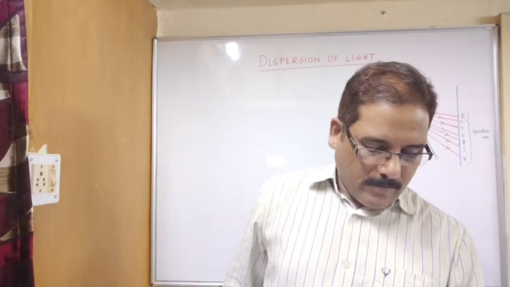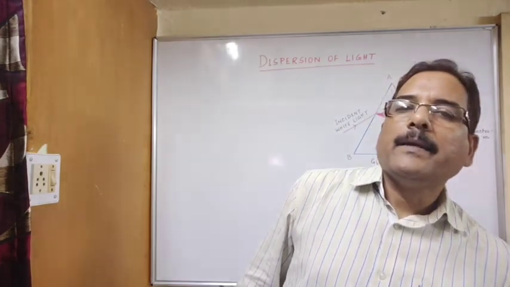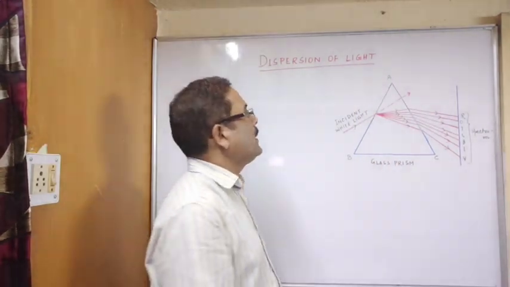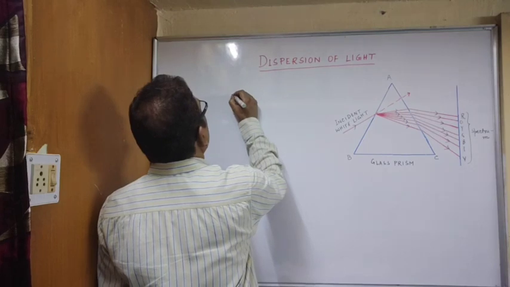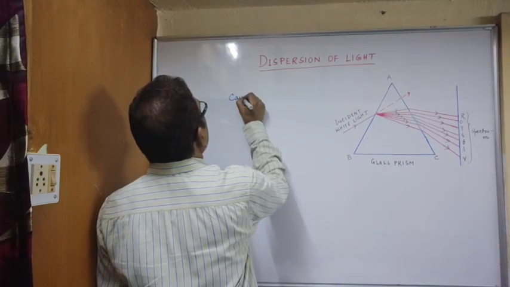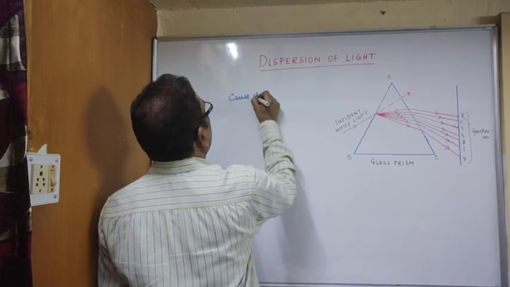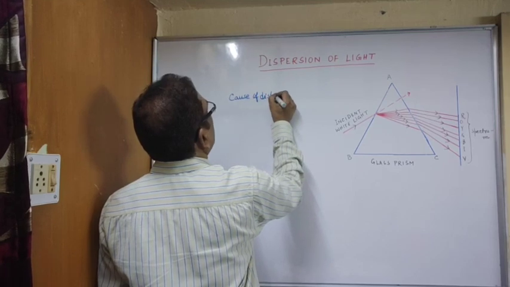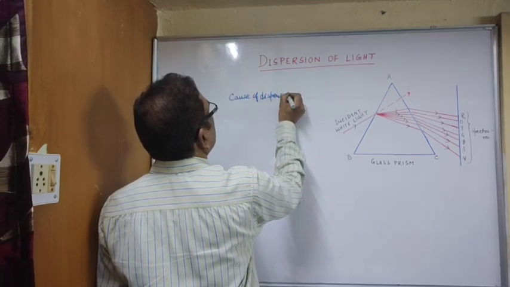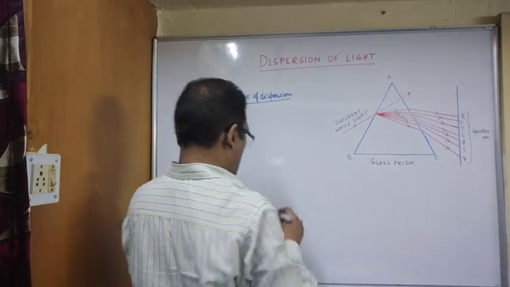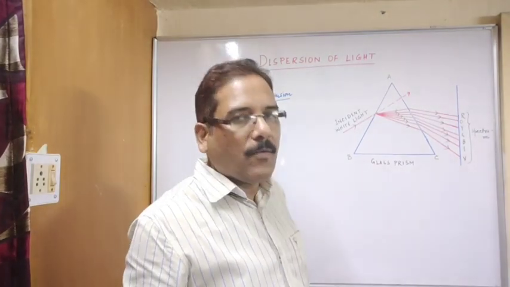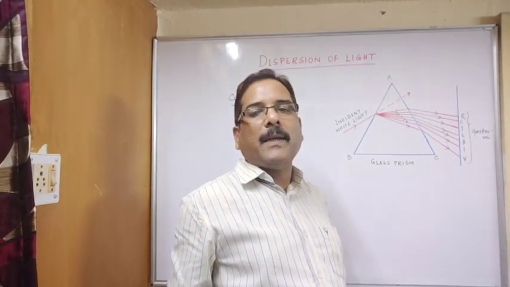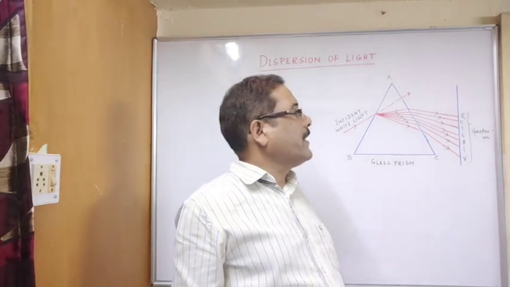Now, another important thing, what is the cause of dispersion? It means why white light splits up into constituent colors.